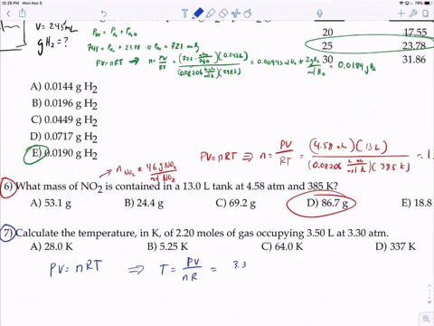Pressure is 3.3 atm, 3.5 liters, n is 2.2 moles, and 0.08206 liter atmosphere per mole Kelvin. So 3.3 times 3.5 divided by 2.2, divided by 0.08206. We're getting 64 Kelvin.